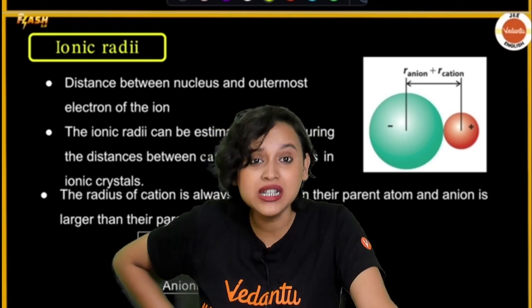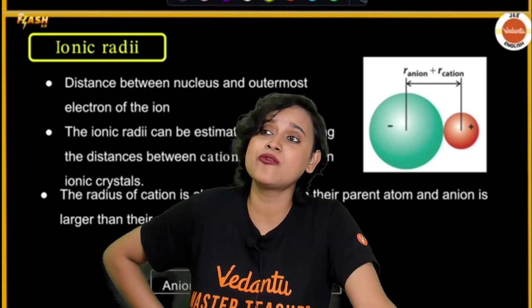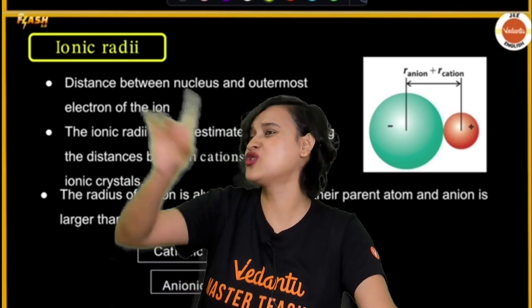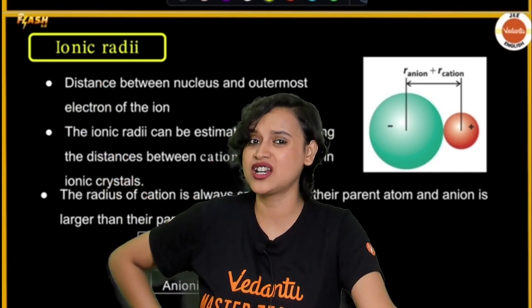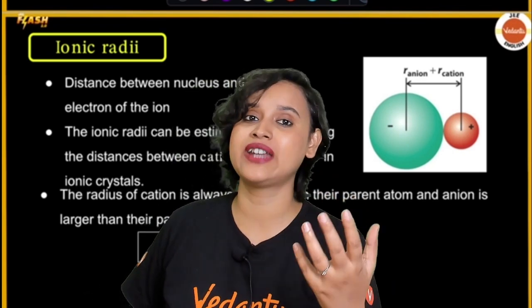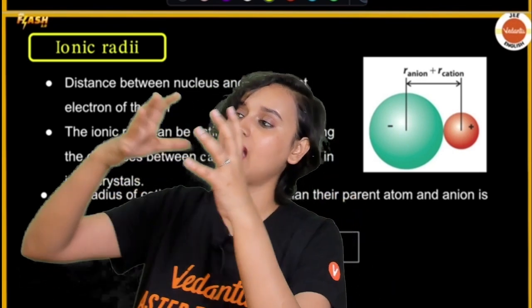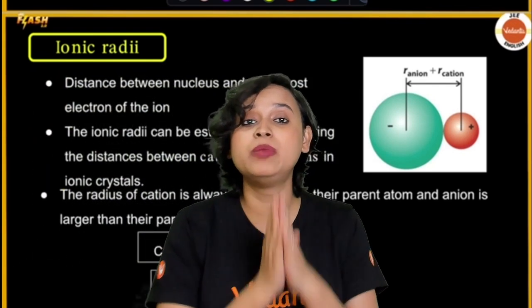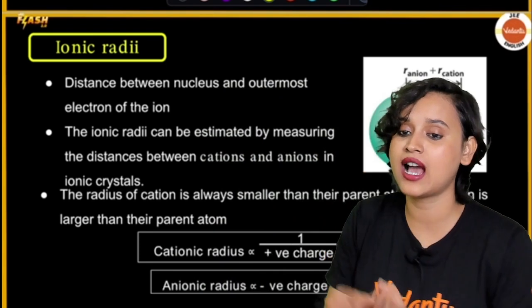Very difficult. Similarly, if the number of protons is only 6 but the number of electrons is 10, 6 protons will not be able to handle those 10 electrons, and that is when the size increases. So an anion size will always be bigger than the atomic size.